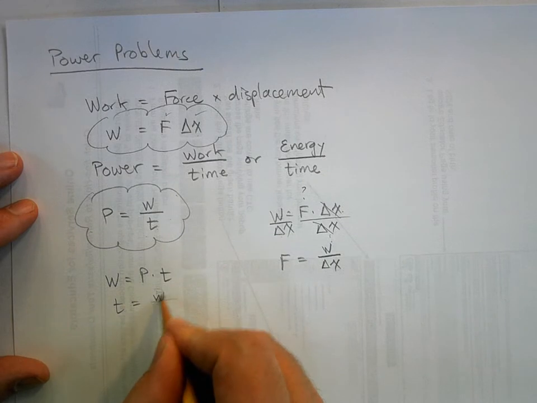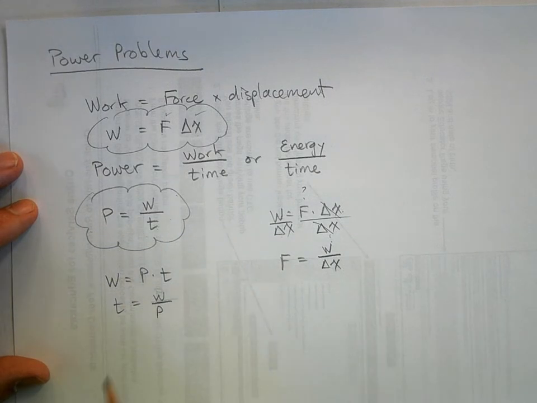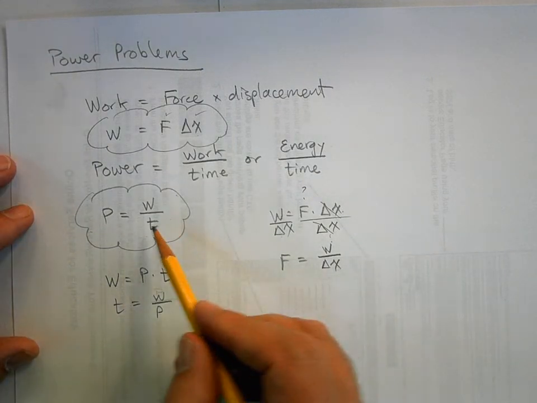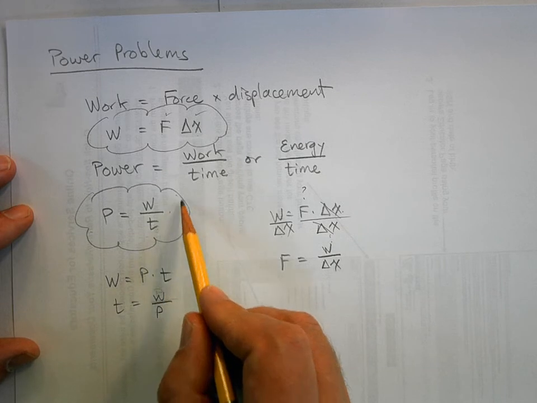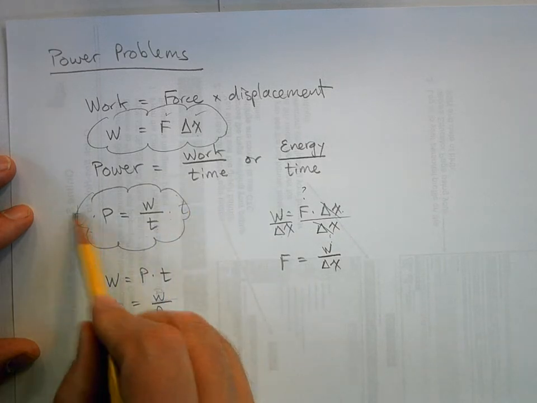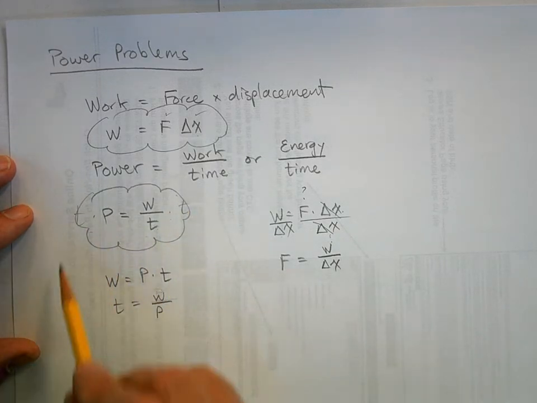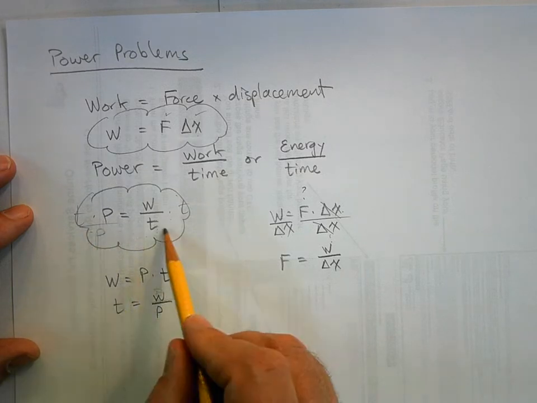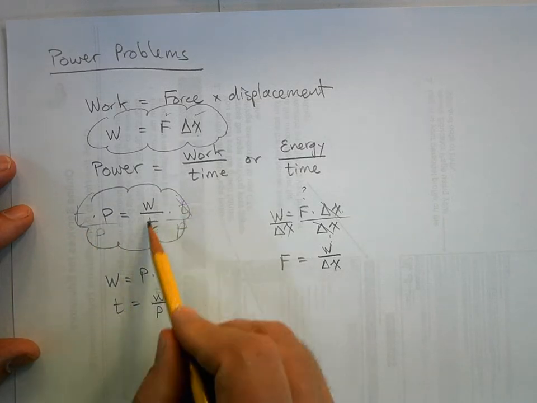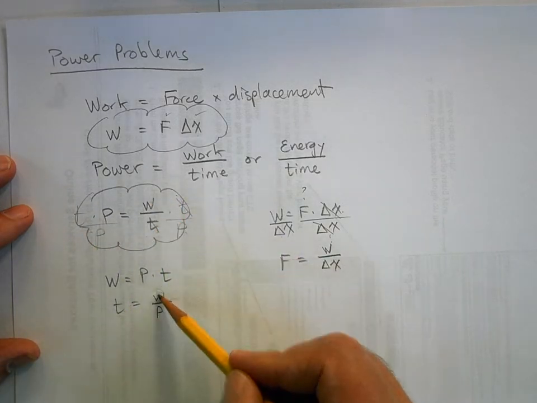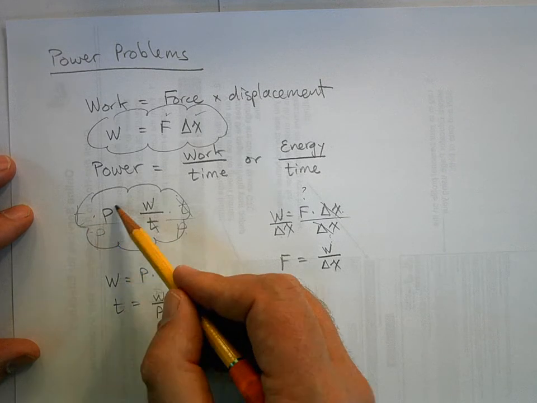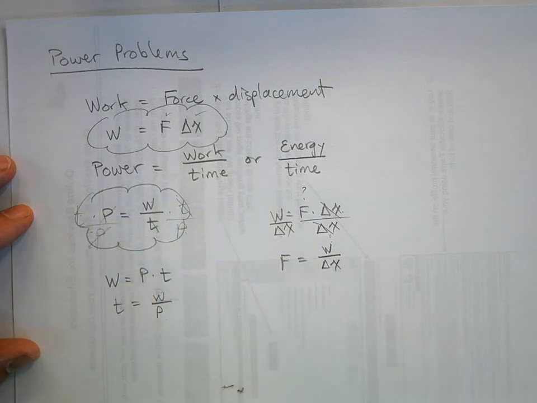Time equals the work done divided by power. How did I get that? Well, if I want to solve for time, I have to get rid of it from the bottom, so multiply both sides by time, and then divide both sides by power. This cancels this. You're left with work over power, and here you're left with time by itself.